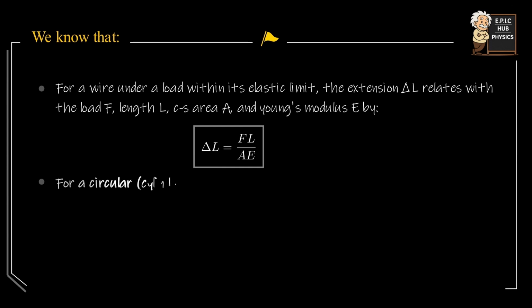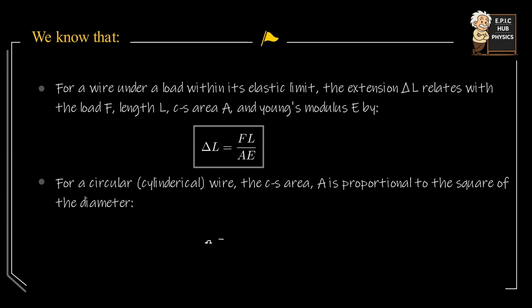We also know that for a cylindrical wire, the cross-sectional area depends on the square of its diameter. Specifically, the area A equals pi d squared divided by 4, so the area is proportional to d squared. With these facts in mind, let's move on to tackling the problem.